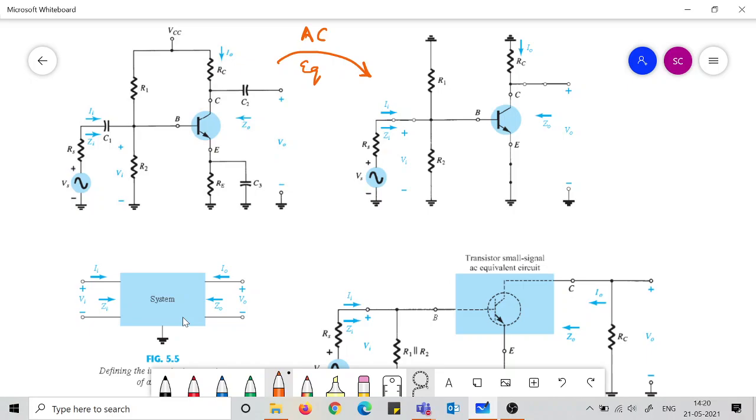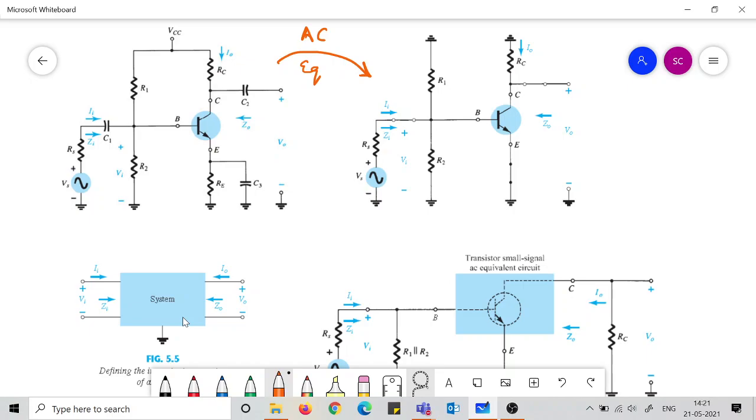Input we are calling as the input to this two-port system, the input port. A source voltage has to be connected to that input port to energize the system. Right now the system is not energized, but we are only considering that if at all there was some energy here, then there would be a voltage established at this input port, and this voltage would be delivering this input current into the system.